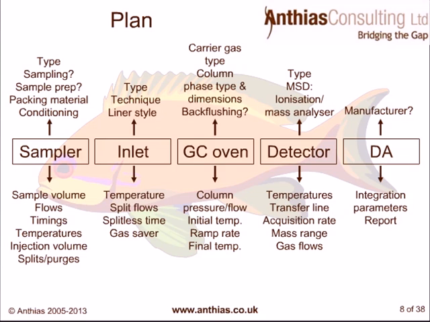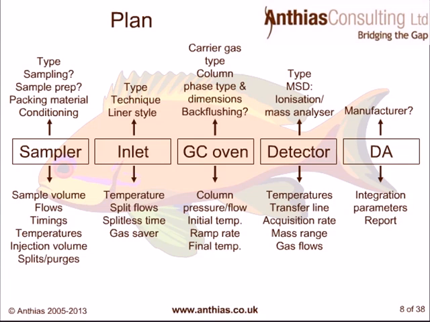When we then get down to the individual parameters for that particular part of the method, we're going to think about the temperature. The temperature of our inlet is particularly important if we've got high matrix loading or if we've got thermally labile compounds.